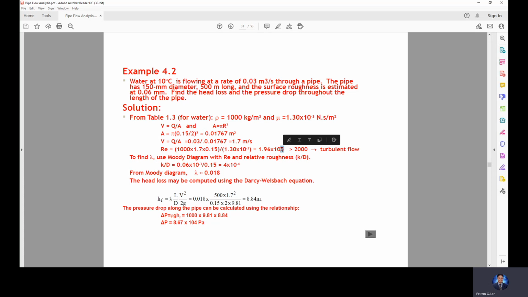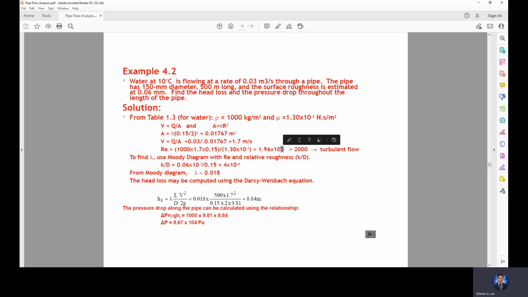Then based on the Moody diagram, we plot it. Remember, in our Moody diagram we have k over D and the Reynolds number, so we can solve for our roughness coefficient. Plotting it corresponds to a friction factor equal to 0.018.